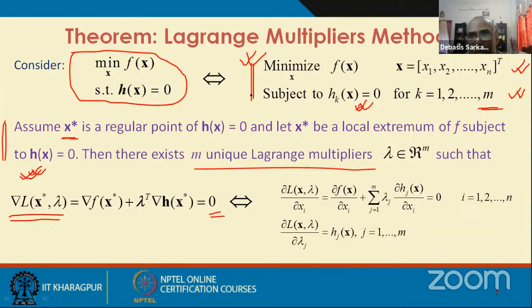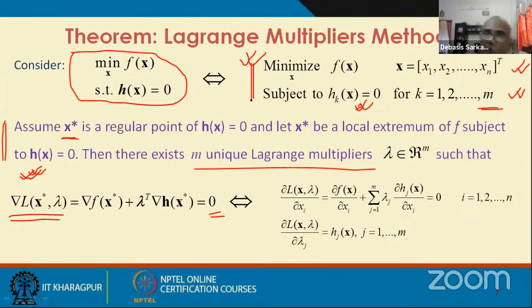I have an optimization problem with two equality constraints. So minimize f of x subject to h1 equal to 0, h2 equal to 0. Both h1 and h2 are functions of x. Then the Lagrangian function will be L equal to f plus lambda 1 h1 plus lambda 2 h2.